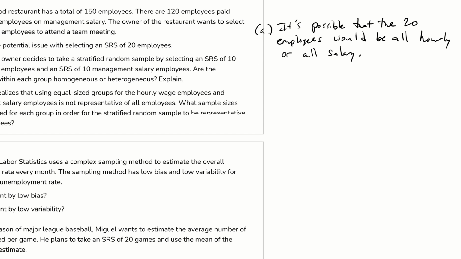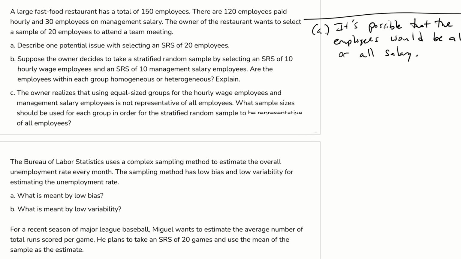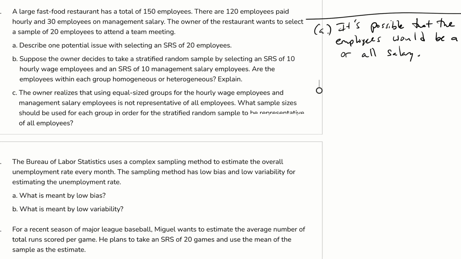And so for part B, it says, suppose the owner decides to take a stratified random sample. So he does 10 from each, 10 hourly and 10 management salary. Are the employees within each group homogeneous or heterogeneous? And explain.